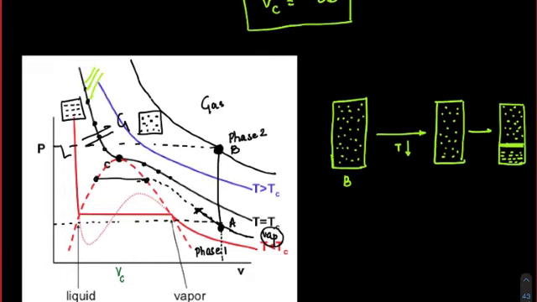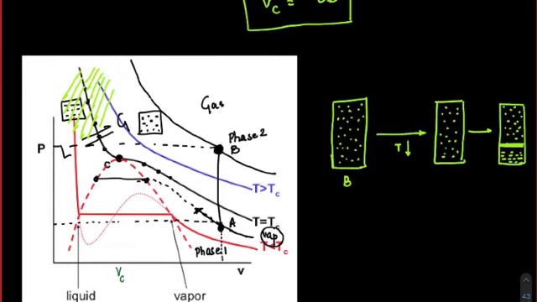This is the region I'm talking about. Observe it. Okay guys, in this region what is happening? On the left side there is liquid, on the right side there is gas, correct? But there won't be any phase difference which you will observe.